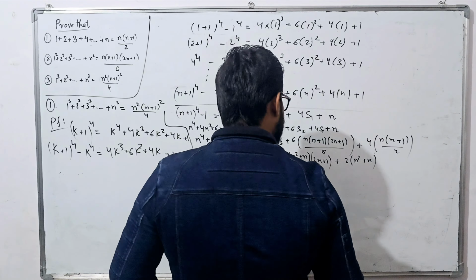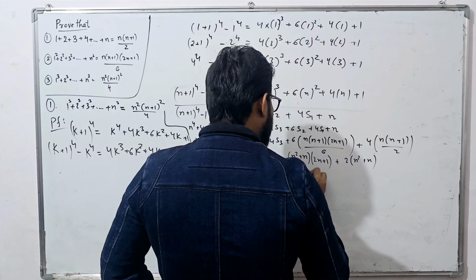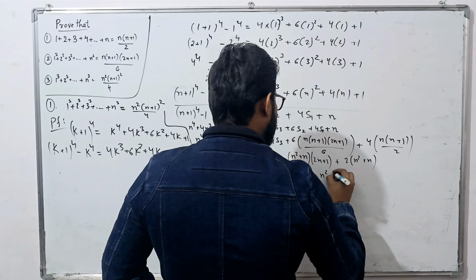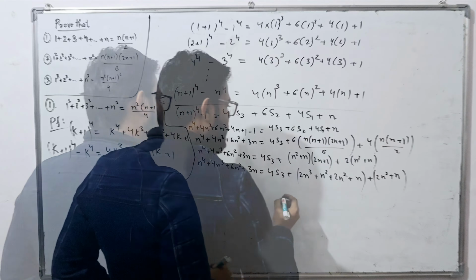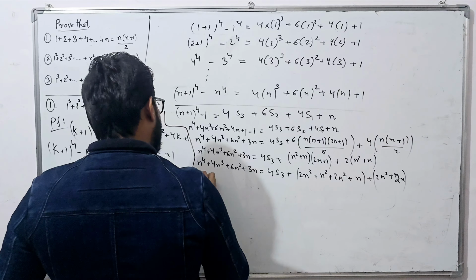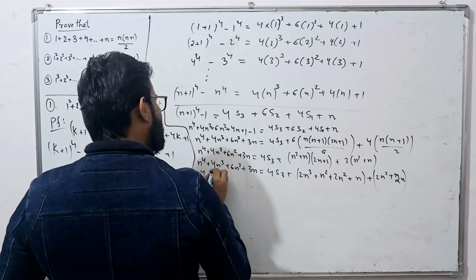Okay, so you get 2n cube plus n square plus 2n square plus n plus 2n square plus n, right? And when you add all this you get n to the power 4 plus 4n cube plus 6n square plus 3n is equal to 4s3 plus 2 times n cube plus, just solve it, you will get 5n square plus 3n, right?